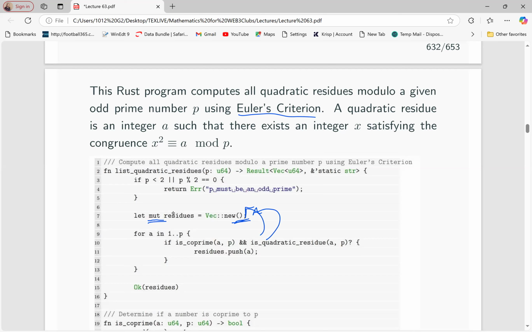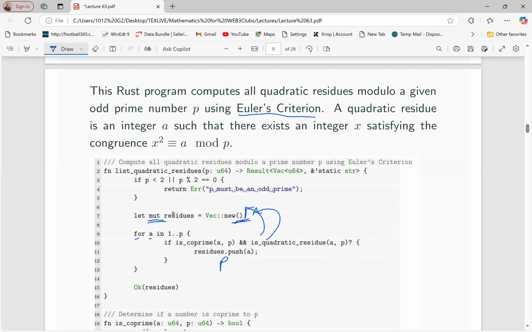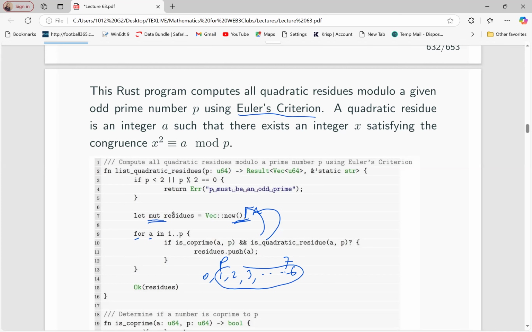So how does the code work? You have given it P, and let me say P is 7. It knows that the elements mod 7 are 0, 1, 2, 3, all the way up to 6. It's considering the non-zero numbers; zero has already been taken care of.